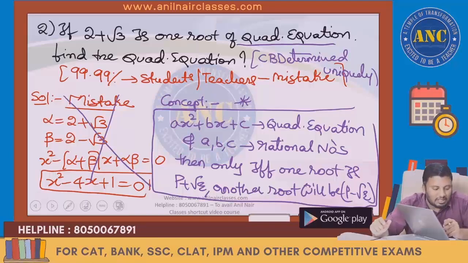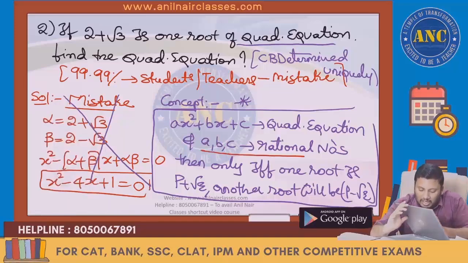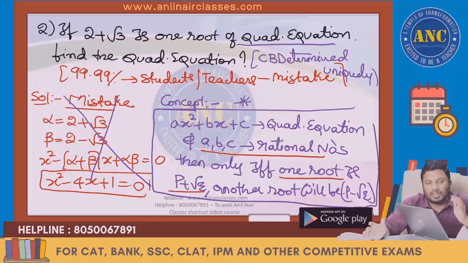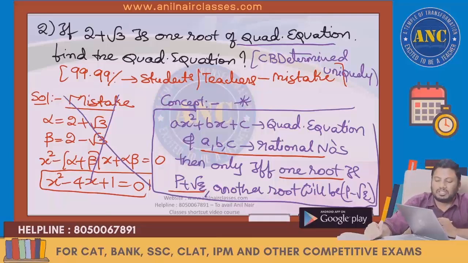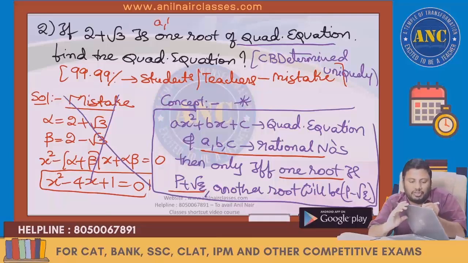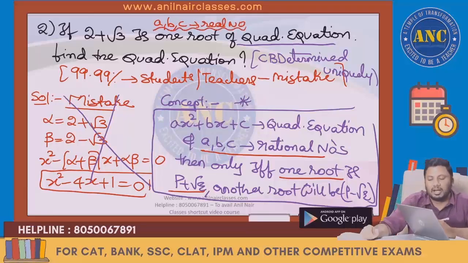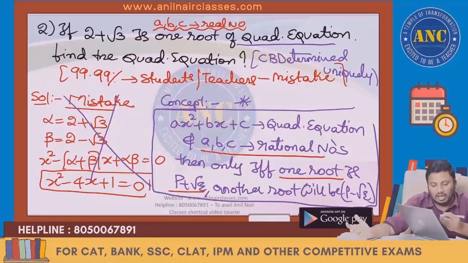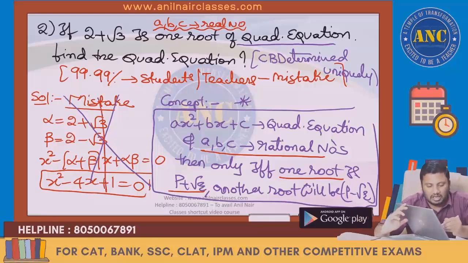Only if a, b, c are rational numbers, then only this concept is used. It has to be specified in the question that a, b, c are rational. Nothing is specified in that question. If nothing is specified, a, b, c will be real numbers. Real numbers means it could be rational as well as irrational. So you cannot take this concept.